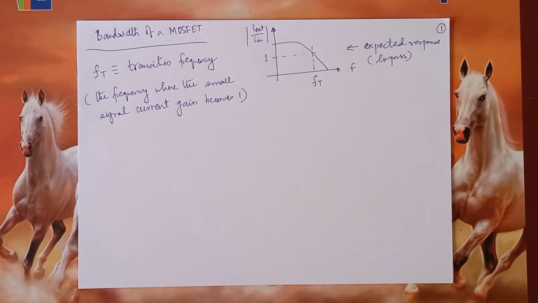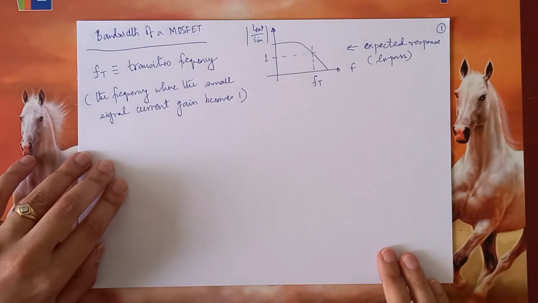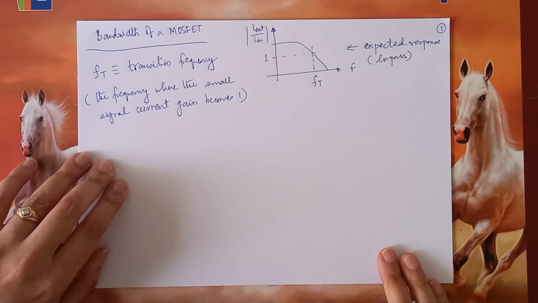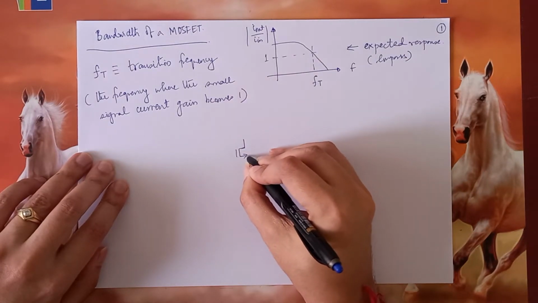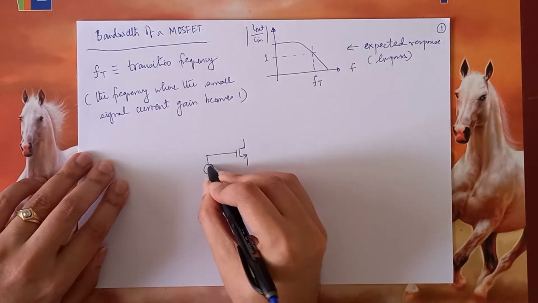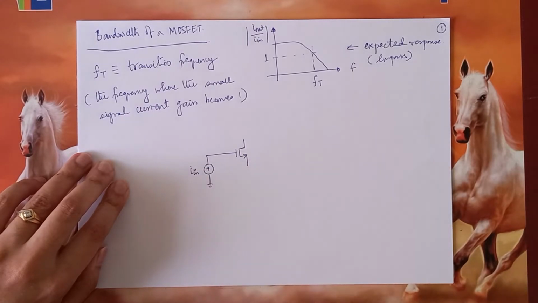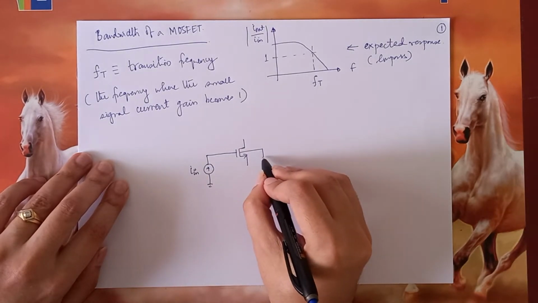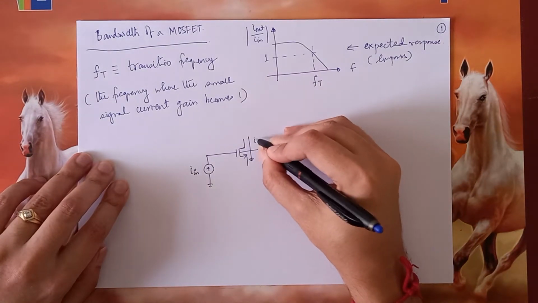So when we define the small signal current gain, what do we mean? This is my MOS transistor. Let us say I give some AC input over here, that is called I in. The body of this NMOS is connected to ground, and I define my I out as the drain current.